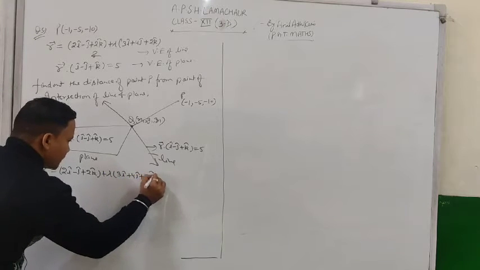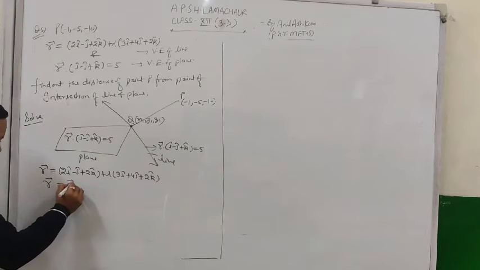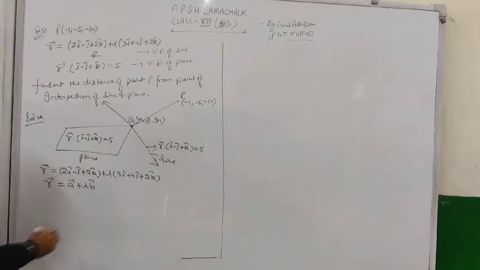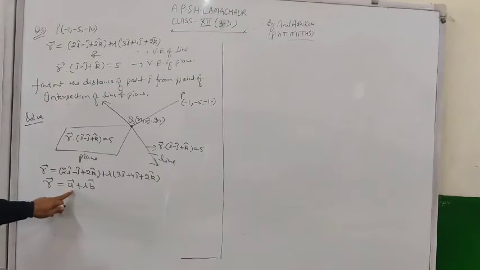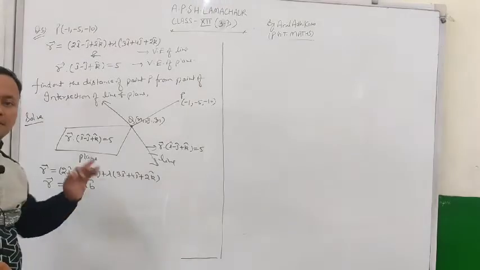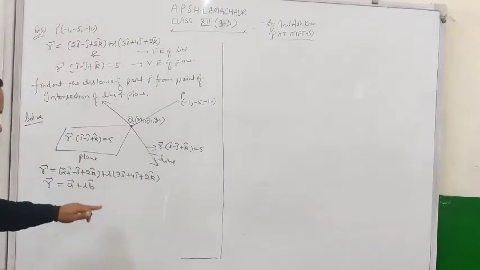Now we know that the vector equation of any line is r vector is equal to a vector plus lambda times b vector, where a vector is the position vector of the point through which the line passes and b vector is the parallel vector.